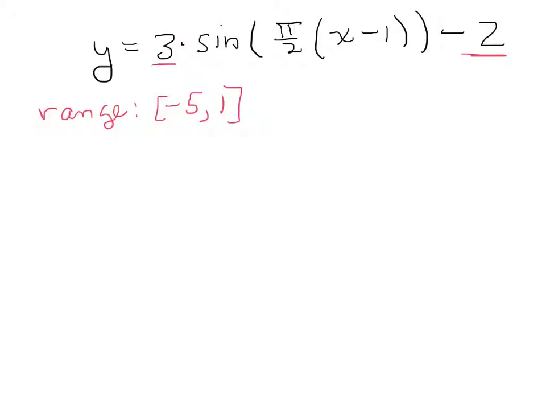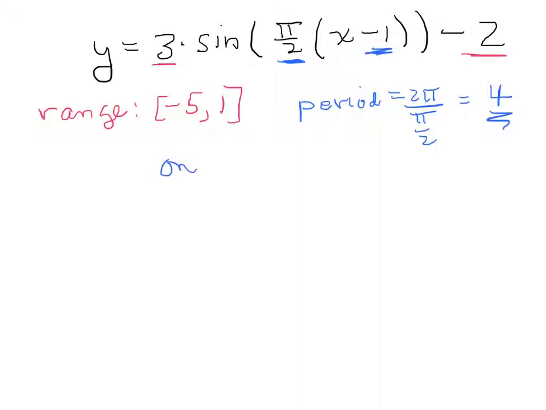Now, here's what's cool, is this affects the period. And so my new period is going to be 2 pi over pi over 2, which is going to equal what? Just plain old 4. Kind of cool. There's no pi in there. This moves it 1 to the right.